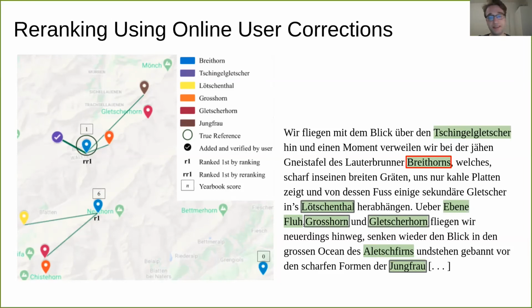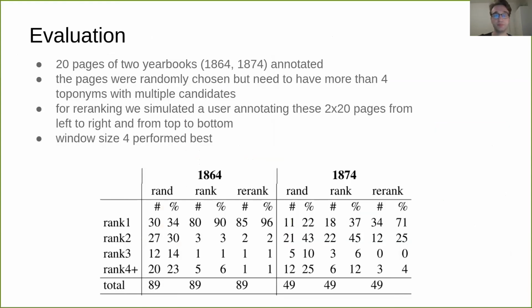So after this long explanation, let's look at how good the ranking and re-ranking actually perform. To evaluate the algorithms, we annotated 20 pages of 2 yearbooks, 1864 and 1874. We chose the pages randomly, but they had to contain at least 4 toponyms with multiple candidates.